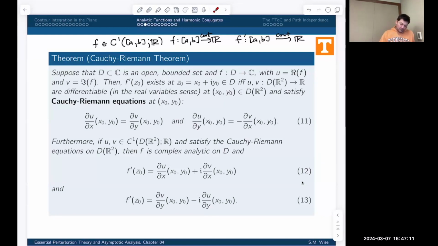Now, if U and V are C1 functions and satisfy the Cauchy-Riemann equations, then F is complex analytic on D, and we actually have a derivative formula for F. The derivative of F at Z is equal to the partial derivative of U with respect to X plus I times the partial derivative of V with respect to X. We also have another formula which also works: the derivative of V with respect to Y minus the derivative of U with respect to Y, both evaluated at X naught and Y naught.